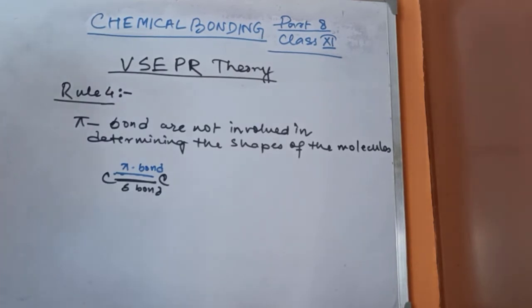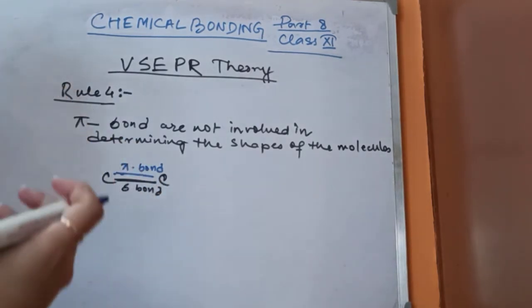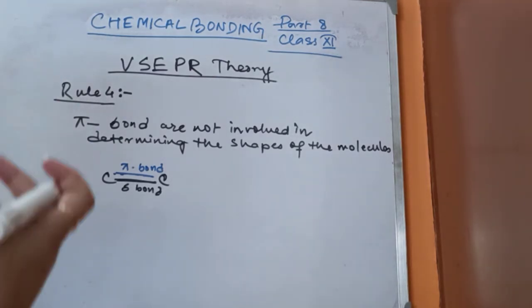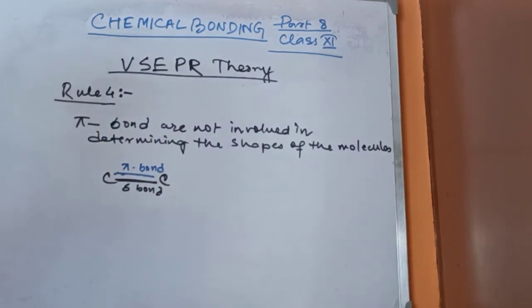In the formation of a pi bond, the electrons involved are not strongly held by the nuclei of the two atoms.